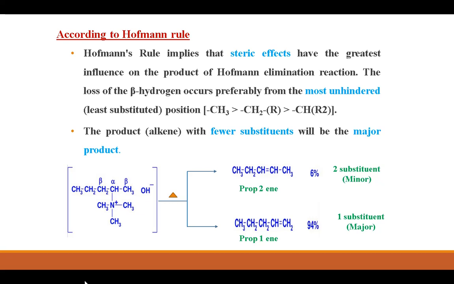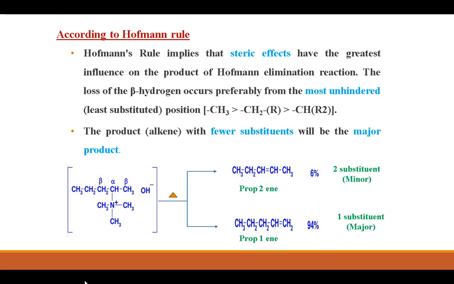According to Hofmann rule, steric effects have the greatest influence on the product of Hofmann elimination reaction. So, the loss of the beta hydrogen occurs preferably from the most unhindered, that is least substituted, carbon atom. The unsaturated product, alkene, with fewer substituents, will be the major product.